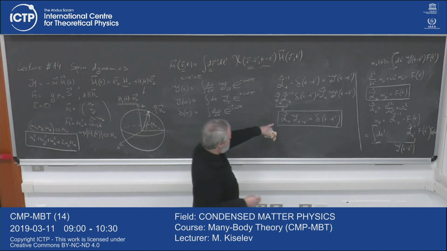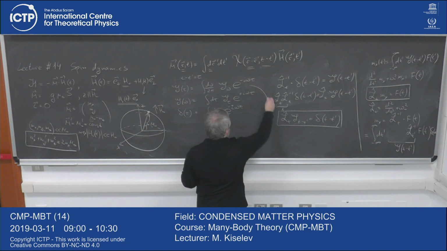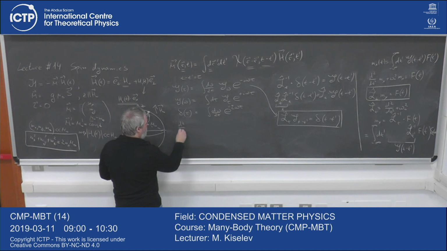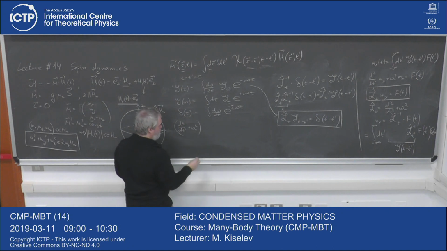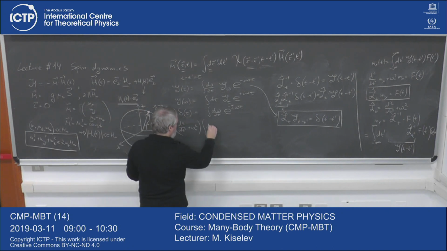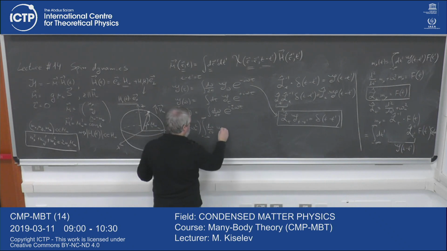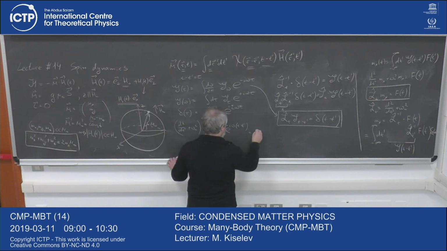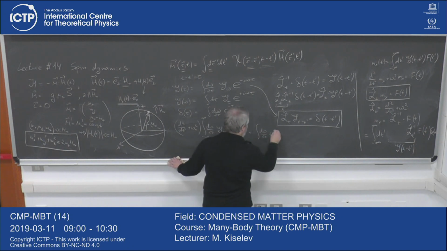And if I do that and plug this into my linear differential equation, what I get is d² over dt² plus omega naught squared, times integral over d omega over 2 pi from minus infinity to infinity g omega e to the power minus I omega (t minus t prime), is equal to integral over d omega over 2 pi e to the power minus I omega (t minus t prime).